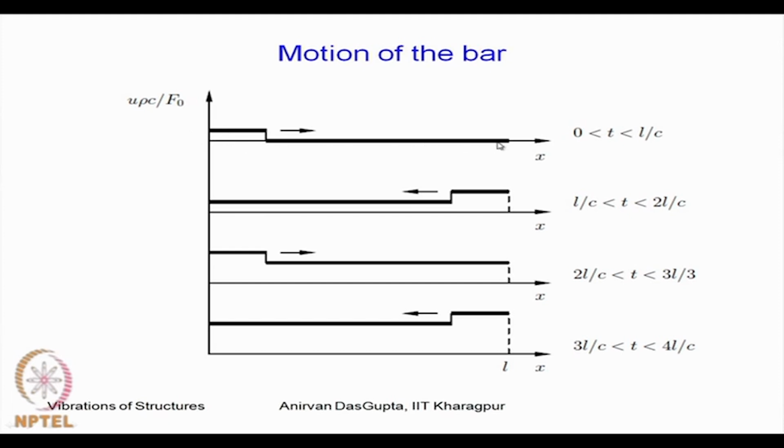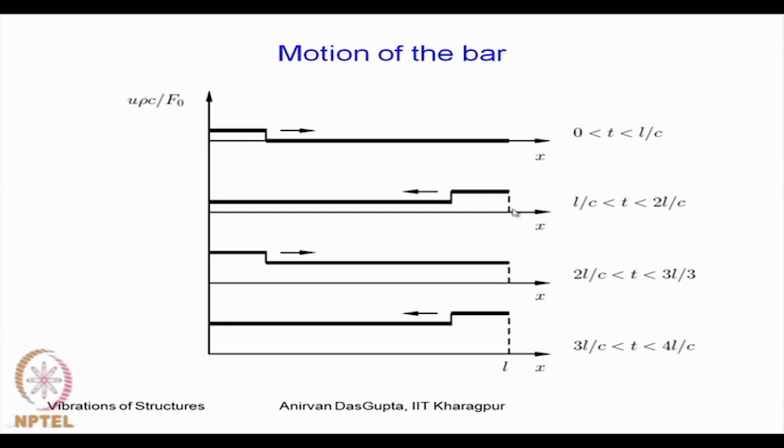So, this is in the equilibrium position, and this wave propagates, hits the right boundary, and the right boundary undergoes twice that deflection, because now it is a force free boundary. So, there is a compression wave. So, this is a compression wave actually.